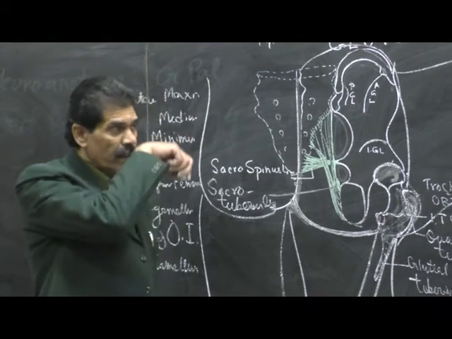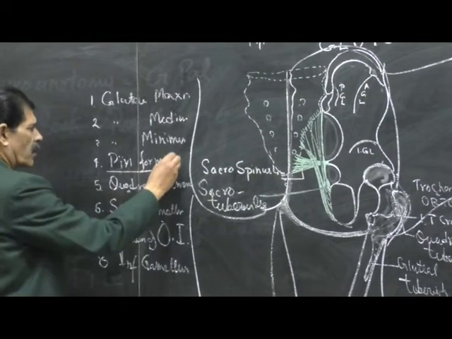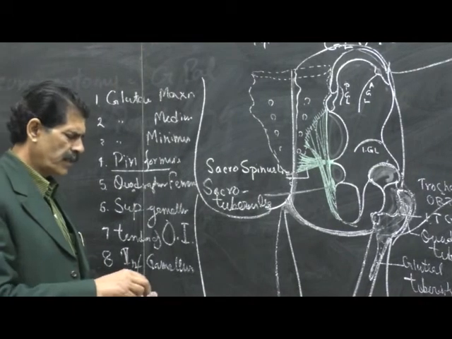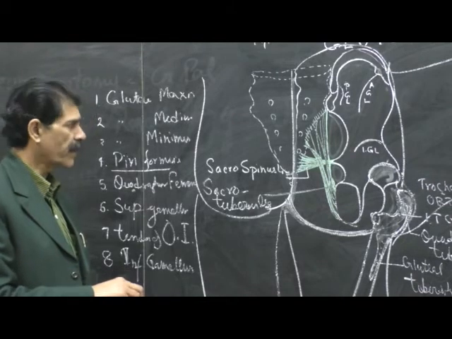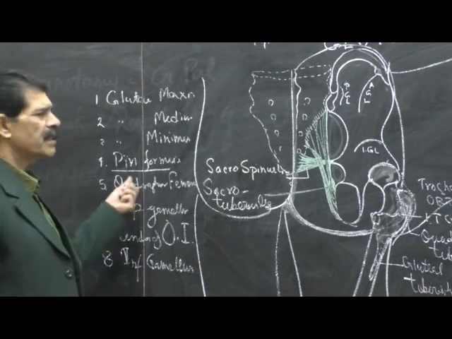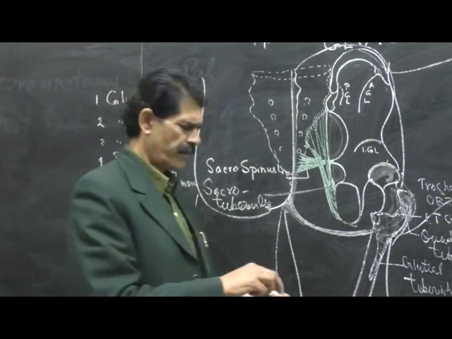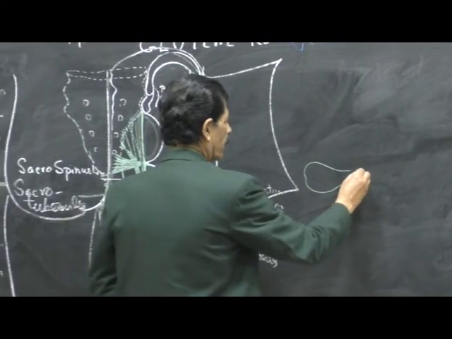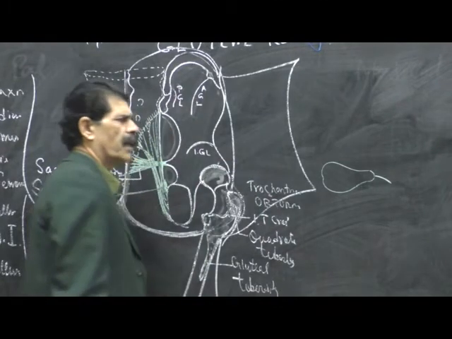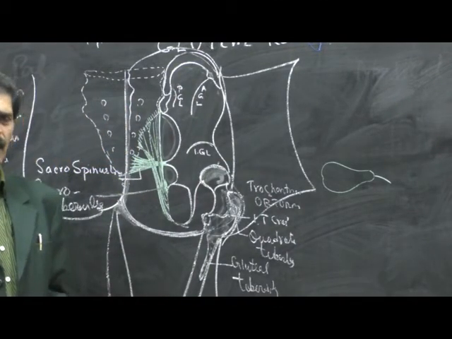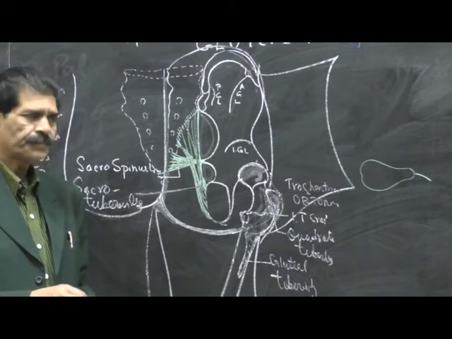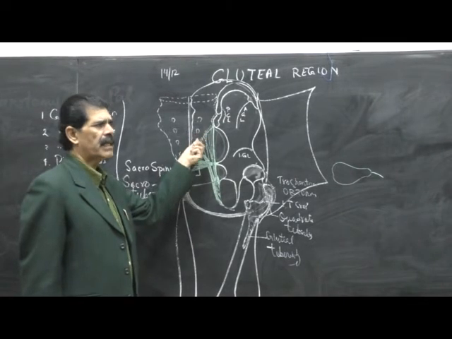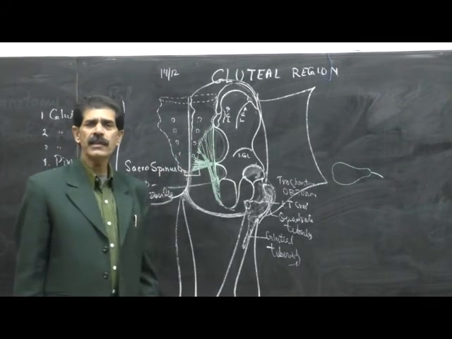First of all, we will take the piriformis muscle, because this muscle is a very, very important muscle of the gluteal region, lying very deep, but it is very important. This piriformis muscle is called piriformis because it is pear shaped. As you eat the fruit pear, because of the pear shaped structure, it is called the piriformis. Now, origin of this muscle is from the ventral surface of the sacrum, against the second, third and fourth segment of the fused sacrum.